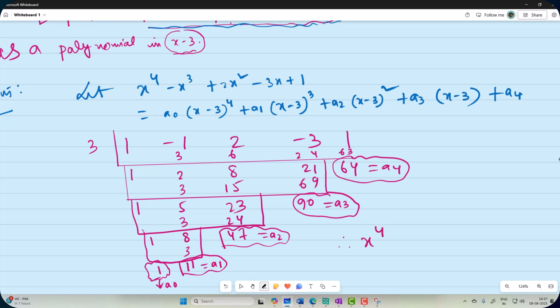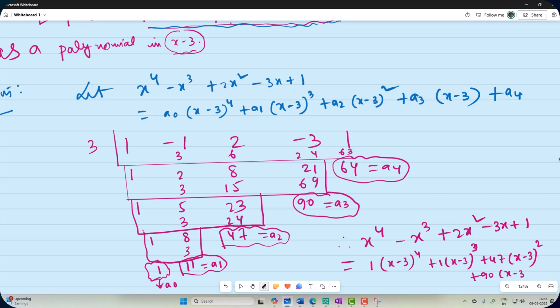So therefore, you can write x to the power 4 minus x cubed plus 2x squared minus 3x plus 1 equal to A0, you got 1, so 1 into (x minus 3) to the power 4 plus 11 into (x minus 3) cube plus 47 (x minus 3) whole square plus 90 (x minus 3) plus 64.